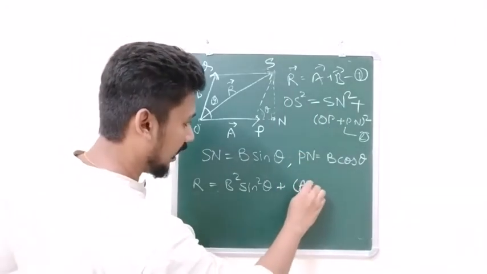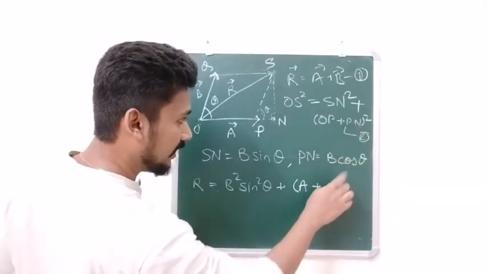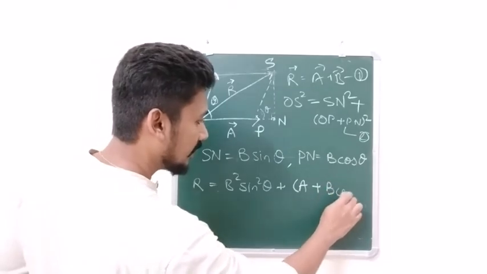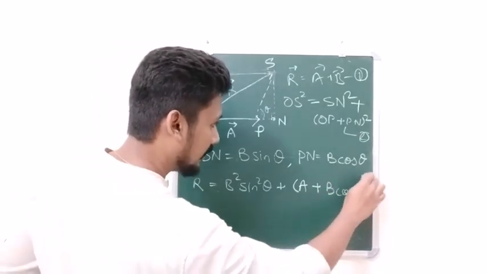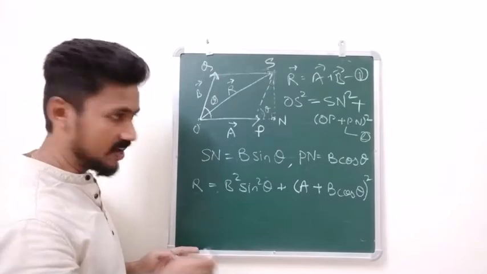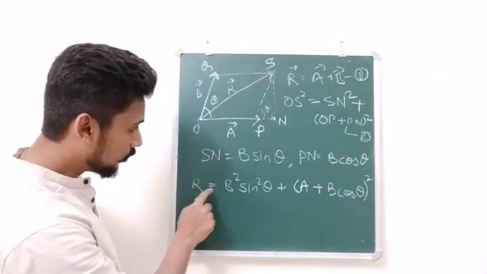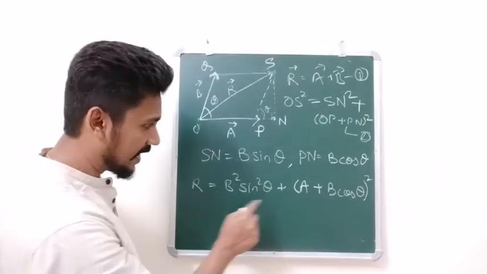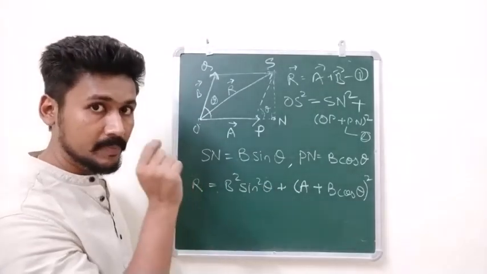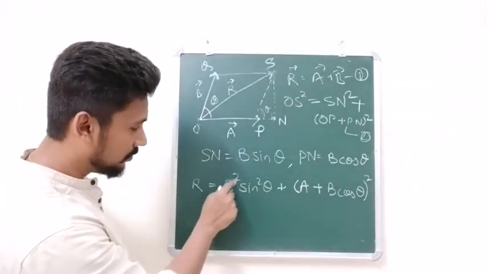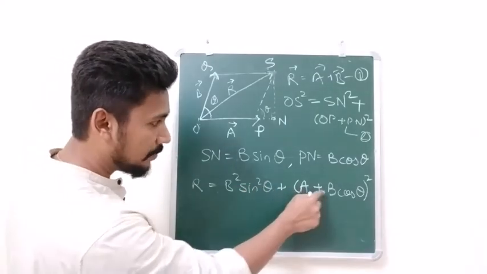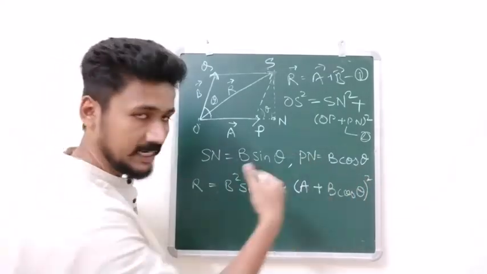OP is equal to A plus how much is PN? PN is B cos theta, bracket square. Fine, I hope you have understood this formula. Now notice, nowhere have we taken the directions, we are only talking about the magnitudes. So R square is equal to B square sine square theta plus (A plus B cos theta) whole bracket square.